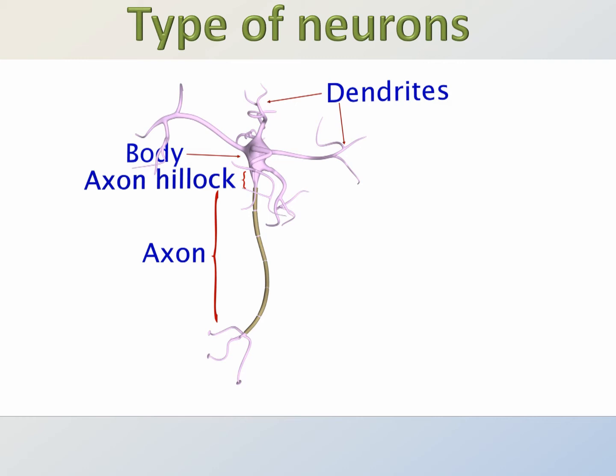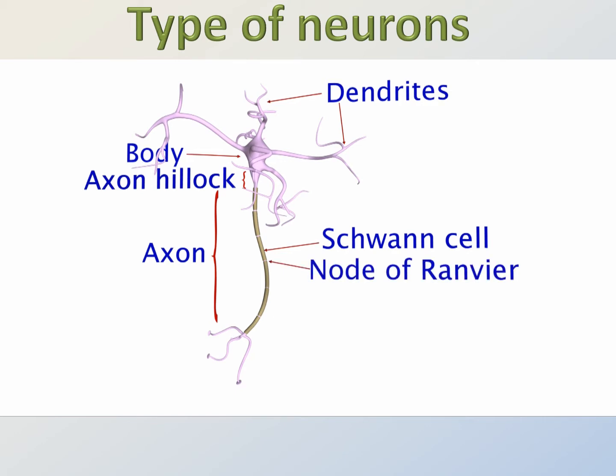Depending on the location of the cell, neurons use different strategies to have their axon insulated in order to speed up the rate of electrical transmission. In neurons of the peripheral nervous system, the axon may contain a myelin sheath, which is made out of several Schwann cells or neurolemmocytes, separated by a space called nodes of Ranvier.